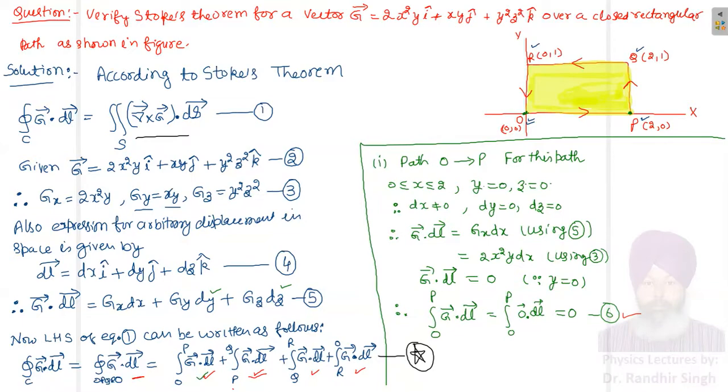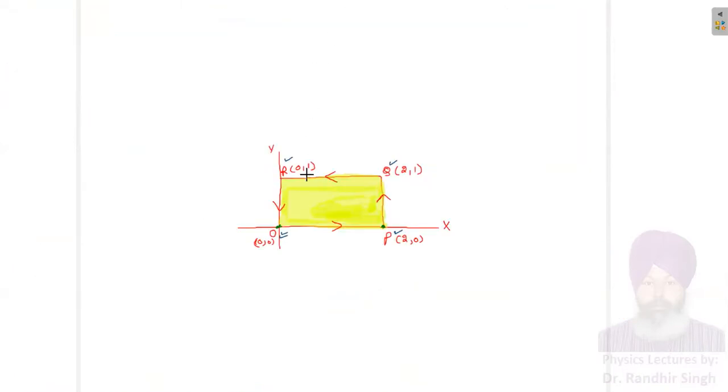Now please see that the plane of the closed path is the xy plane. So for the rectangular path O P Q R S R O, the plane is the xy plane.